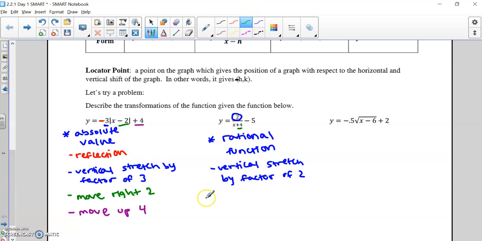Our h is a 4, and because it's a positive 4, we're going to move to the left by 4. And lastly, we have a negative 5 right here. That's our k, and this is going to move us down 5. I guess I didn't really label the other ones.